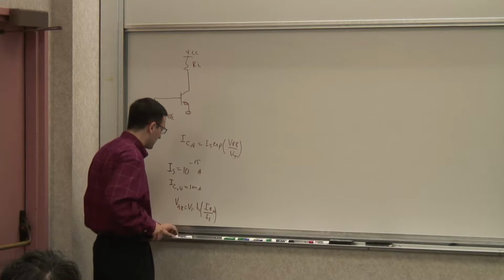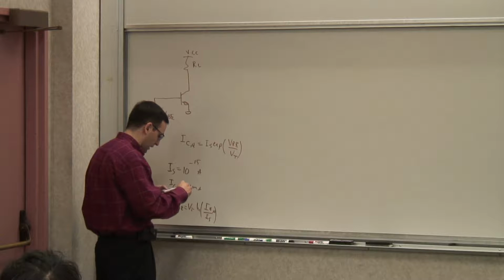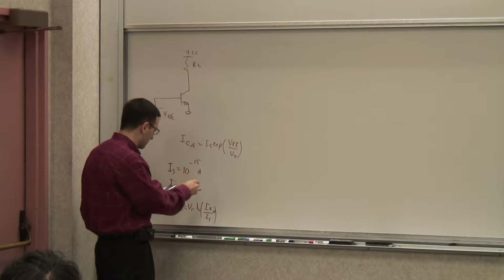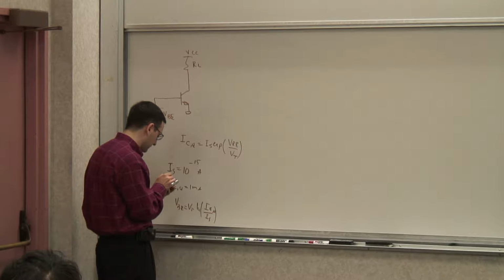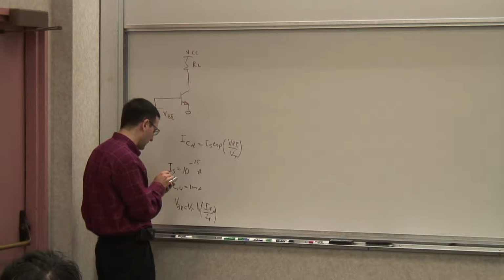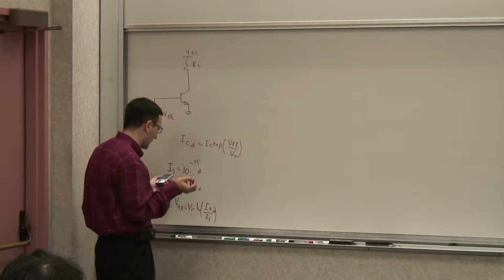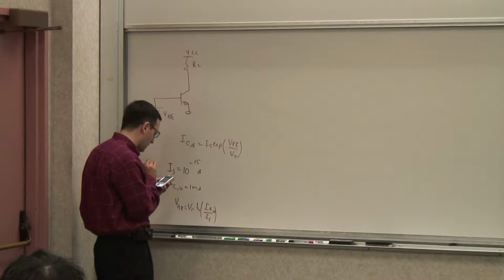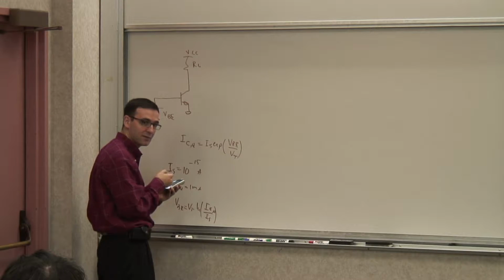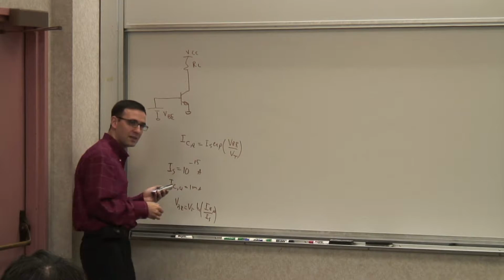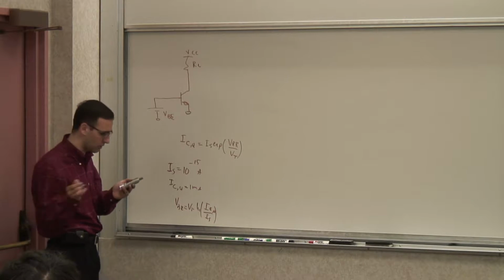So let's try to calculate. It's 10 to the minus 3 divided by 10 to the minus 15. That's 10 to the 12. Natural log, that's 27.63 times the VT at room temperature, which is 25.8 millivolts, right?